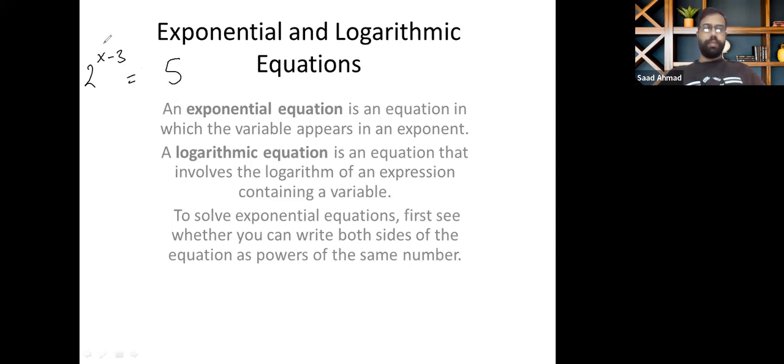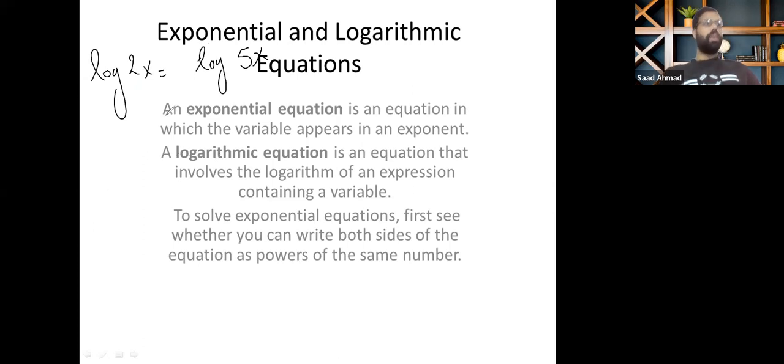A logarithmic equation is an equation which includes the logarithm. Let's say log of 2x equals log of 5x. It's anything. The equations that include logarithms in them are the logarithmic equations.